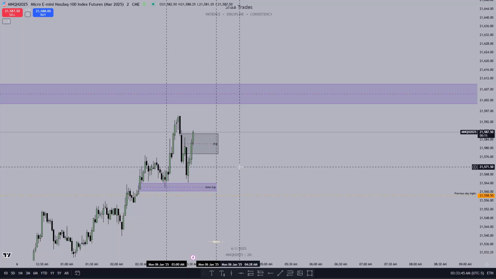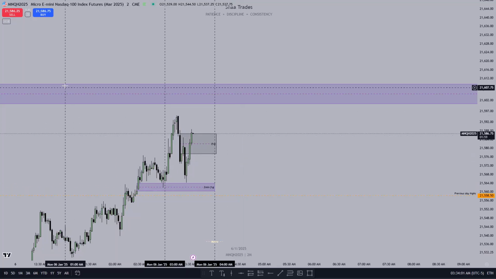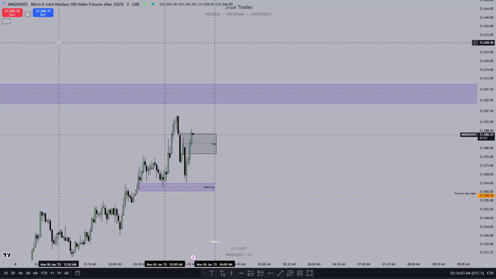Around 15 seconds before this candle closes. Alright, so candle closed outside of it. I'm gonna go in and mark it. So I'm gonna buy here.